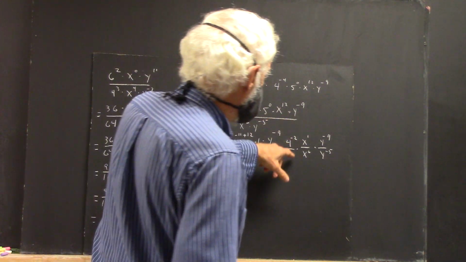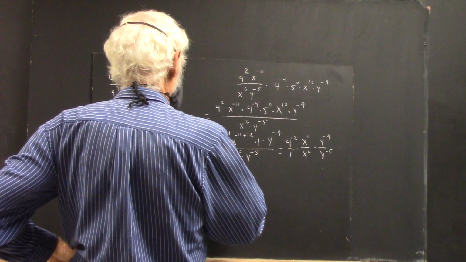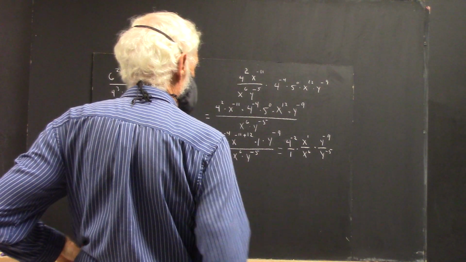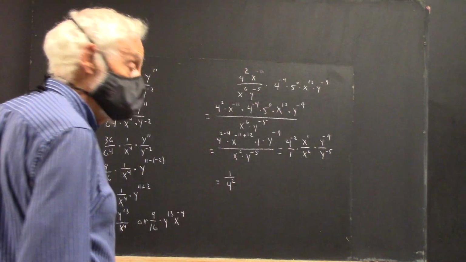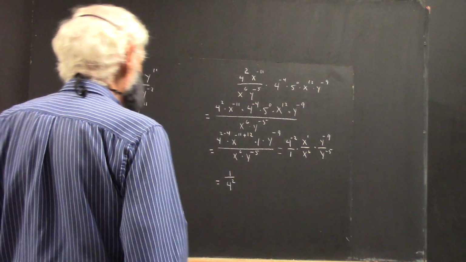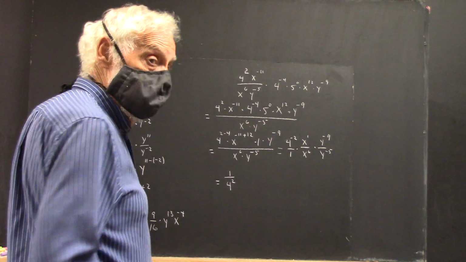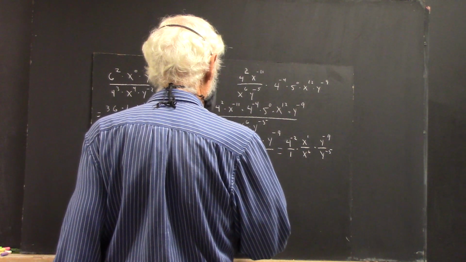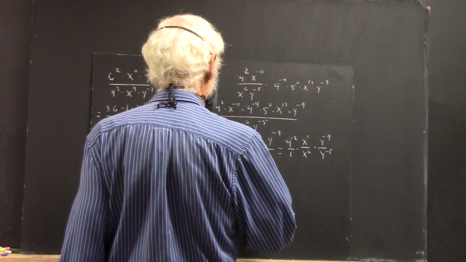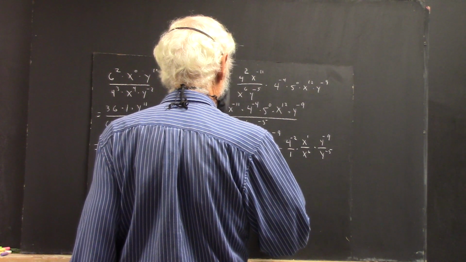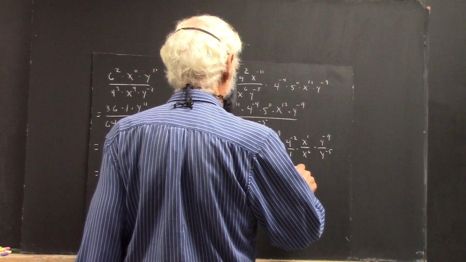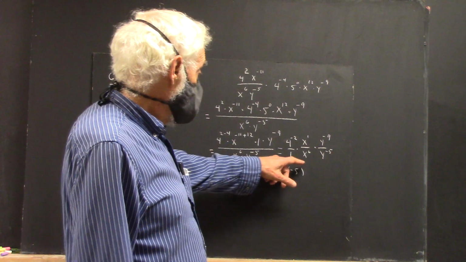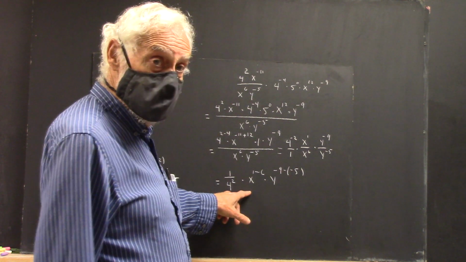Now, 4 to the negative 2 over 1, I could write as 1 over 4 squared. I could leave it as 4 to the negative 2 if I want. I'll go ahead and put it in the denominator. Okay. And then I just use my rule: power of the denominator minus power of the numerator on each term.